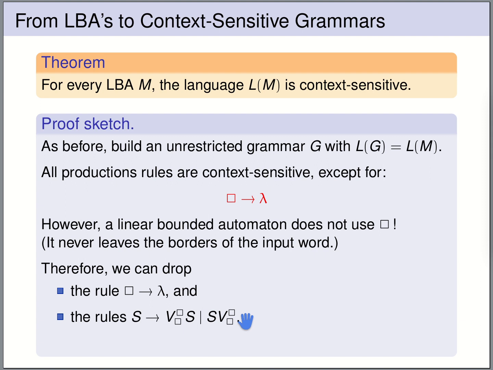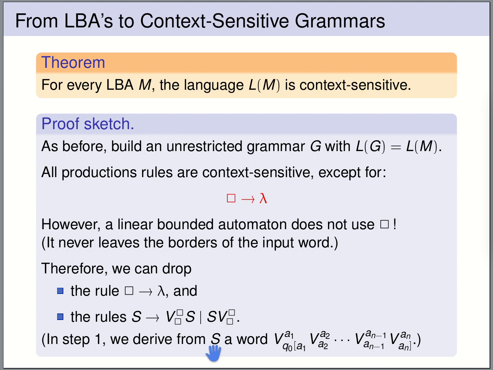Now there's one slight hand-wavy part in this proof, and therefore it's called a proof sketch. Namely that from the starting variable, we will derive a word of this form. So we do not want to consider these brackets as extra letters. So we don't want to introduce extra variables for these brackets. The reason is, if we would introduce them, because we want to in the end generate the word a1 up to an, that's our input word, then we would have to remove the brackets in the end.